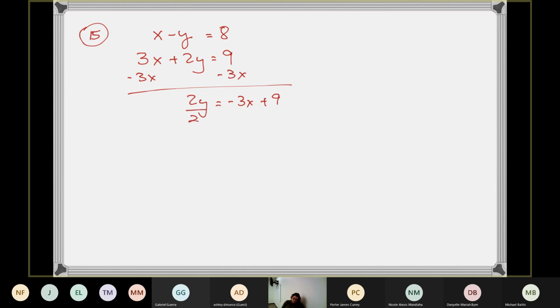And then we would divide by 2, and we get y equals negative 3/2 x plus 9/2. Okay, we isolated the y, and now we're plugging this into the first equation, and we get x minus negative 3/2 x plus 9/2 equals 8. And I know how much you like fractions.